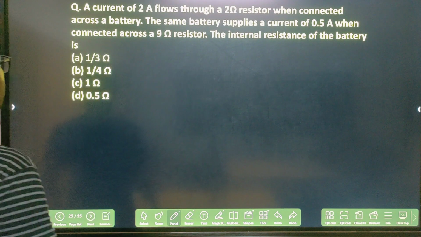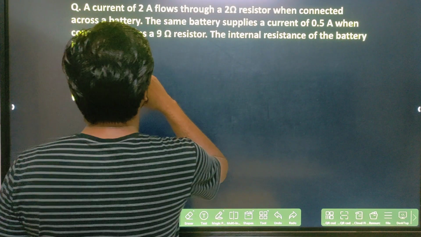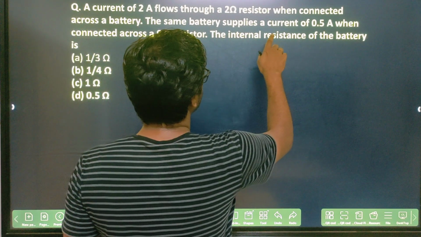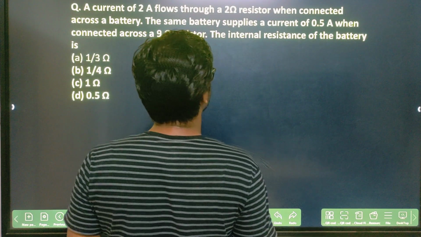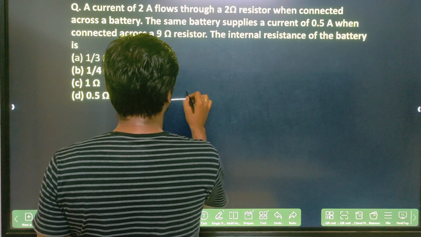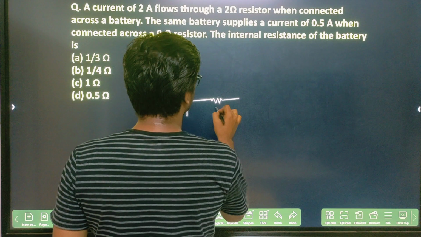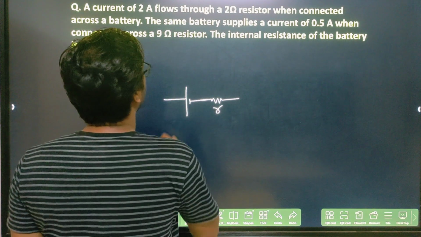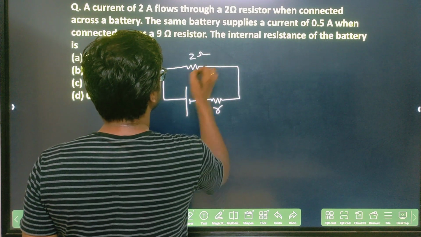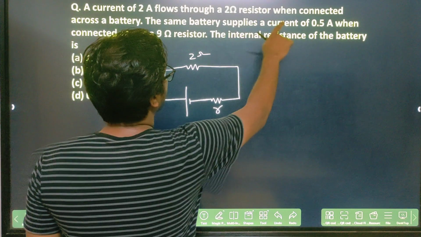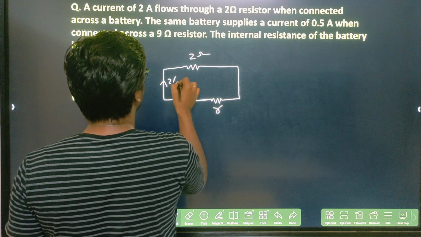Now go to this question. A current of 2 ampere flows through a 2 ohm resistor when connected across a battery. The same battery supplies a current of 0.5 ampere when it is connected across a 9 ohm resistor. The internal resistance of the battery they are asking. So if this is the circuit and this is the internal resistance, and it is connected through a 2 ohm resistor across a battery, the current flowing is 2 ampere.